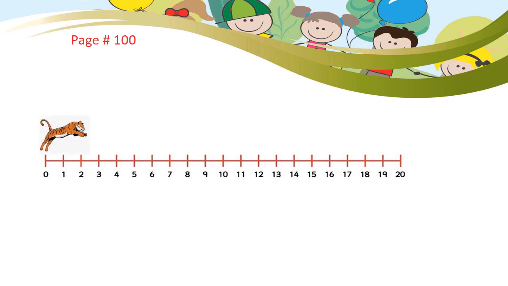Here is our tiger who jumped 3 numbers, which is 1, 2 and 3, and jump to the number 4. Now it skips 3 numbers and jump to the 4th number, 8.